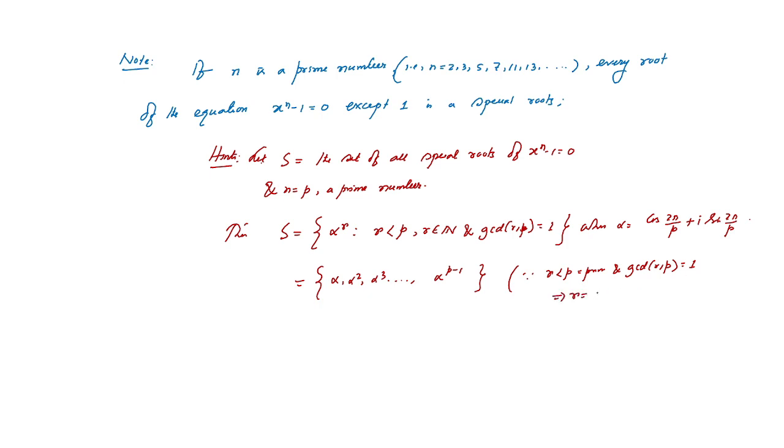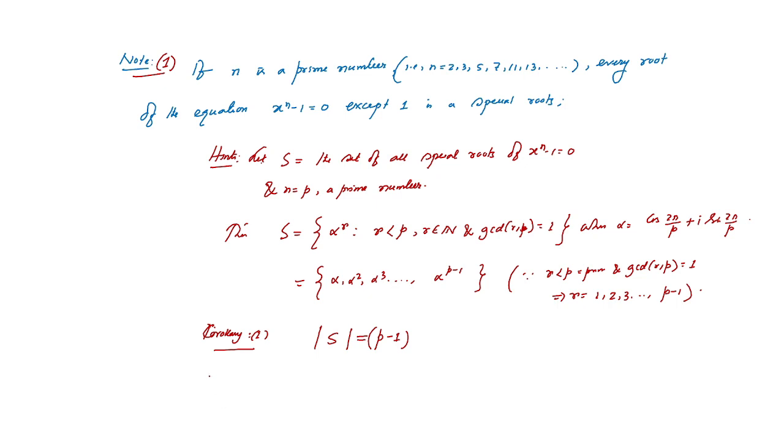The possibilities of r will be 1, 2, 3 up to p minus 1. So that means except 1, all are special roots. This is a corollary under note 1. So how many special roots exist? The cardinality of the set S will be p minus 1.